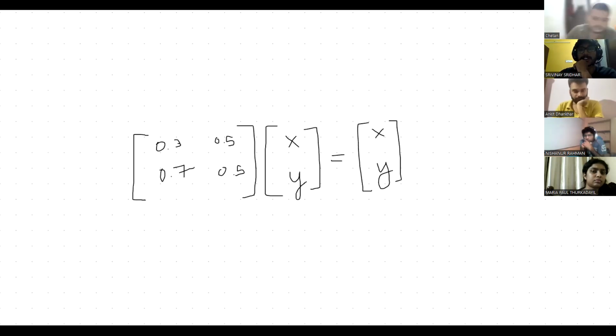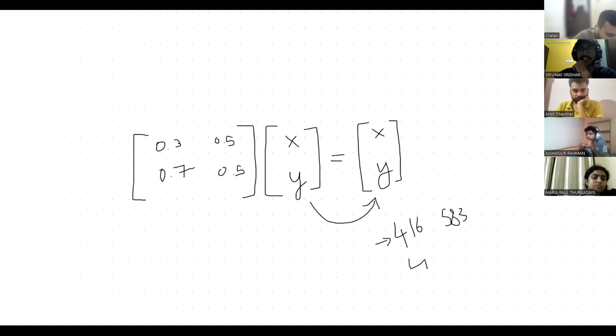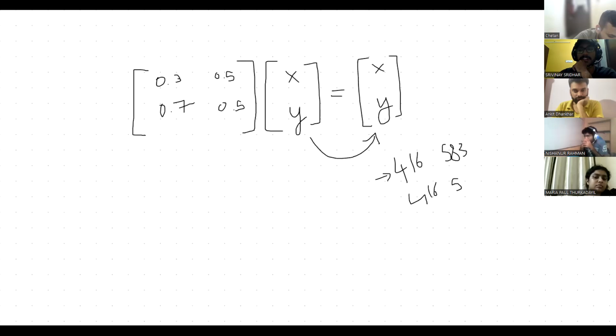Whatever input you're giving, the output is actually the same. When you converge at 416 and 583, you're inputting this and you're getting 416 and 583. This is the observation we want to make.